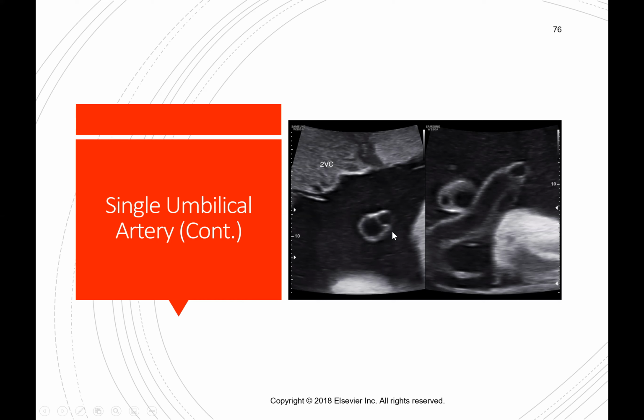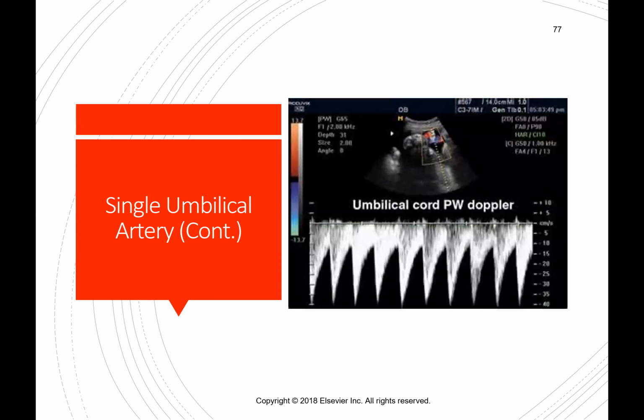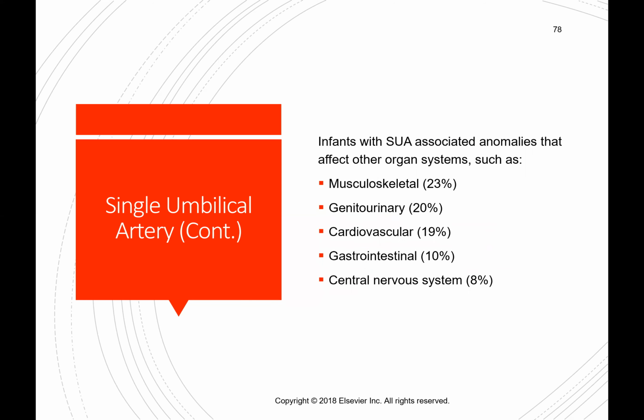You can also look at it coursing along the bladder, and you'll just see one umbilical artery instead of two. This is just the cord Doppler for that. Infants with a single umbilical artery are associated with anomalies in these systems: musculoskeletal, genitourinary, cardiovascular, GI, and central nervous system.